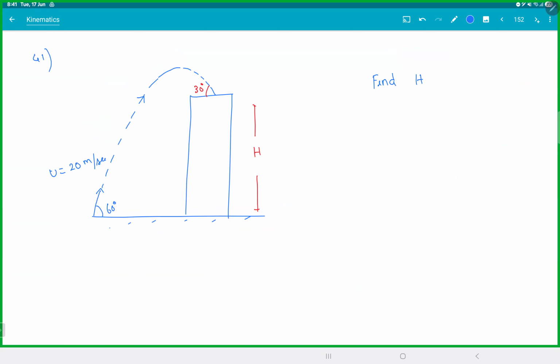So you projected a particle at 20 meters per second. It goes and falls on a building at an angle of 30 degrees. Find the height of the building.